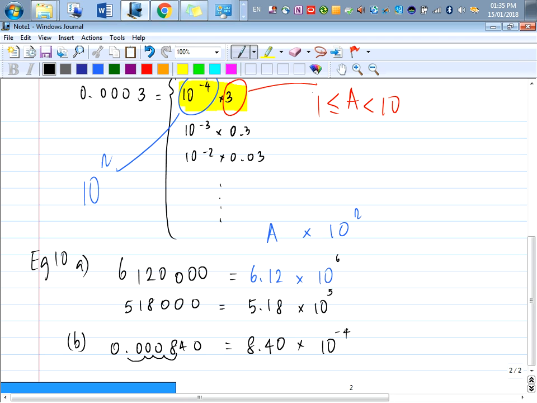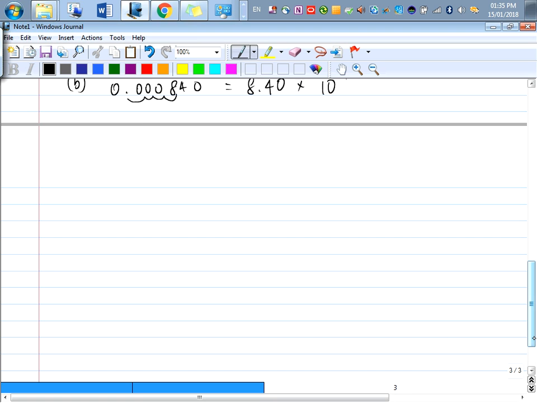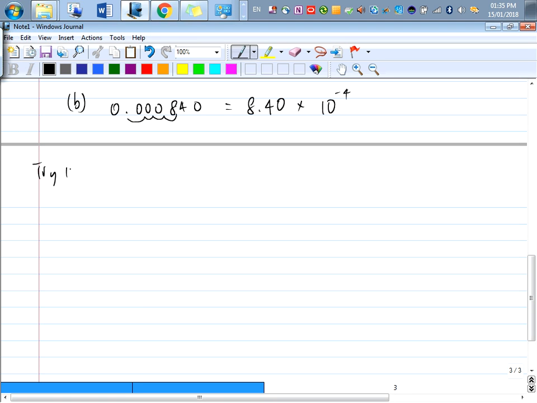Am I going too slowly for you? Am I going too fast? Too slow? Okay, some say too slow. So let's pick up the pace a little bit. I want you to try question 10 by yourself. Very easy one, part A and part B, using the method that I've taught you.